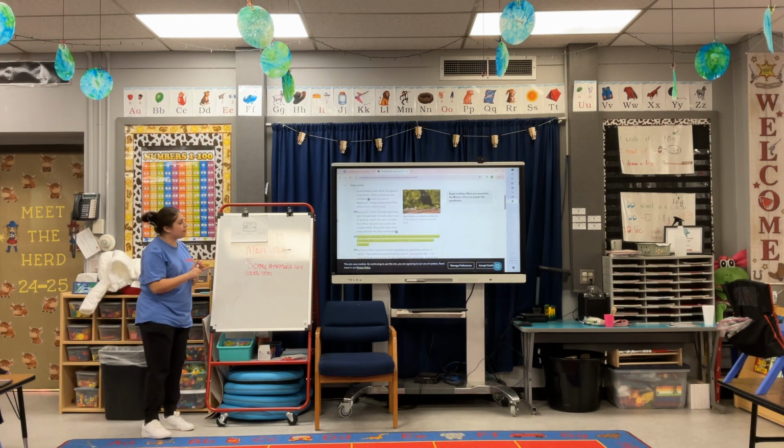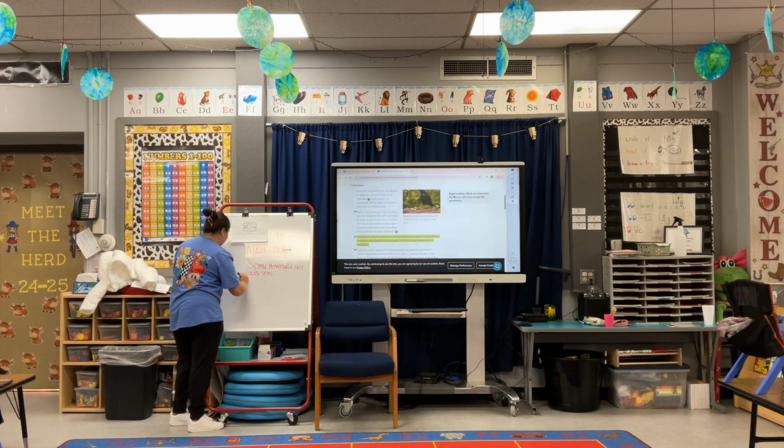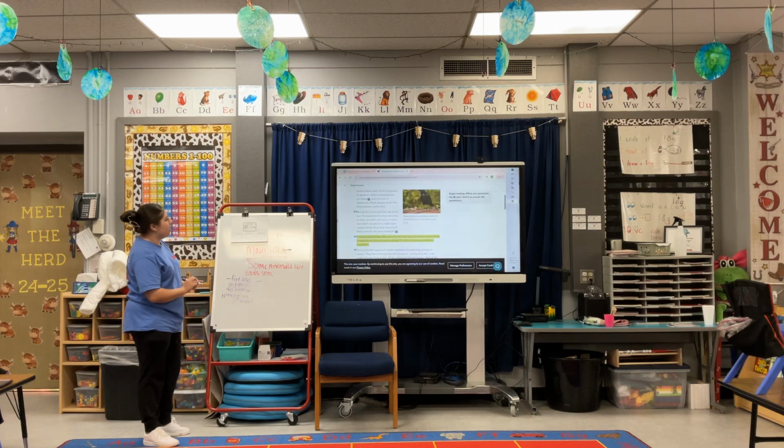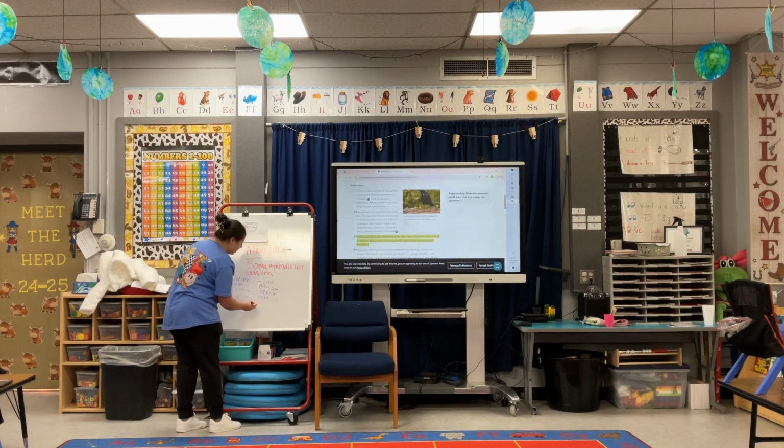Now the details that would go with that. We have fire ants, to soak up and carry it. Sea otters to crack open mussel shells.